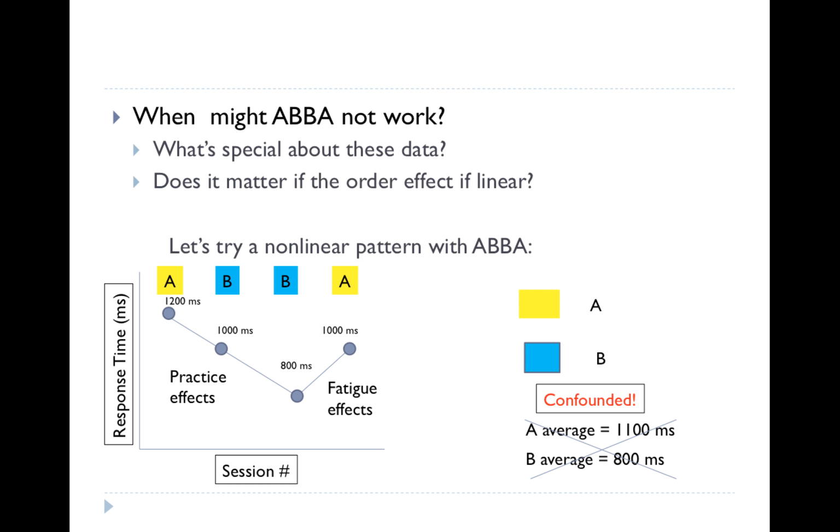It doesn't just continue getting better, but rather it gets better and then it actually gets worse again, as you can see with the last condition. There's another confound that we introduced because it does not equal out to be the same for the two conditions. So if you're suspecting that you're going to have both a practice and a fatigue effect, probably ABBA, as sad as it is, is not going to work out. So you have to actually look for other options.